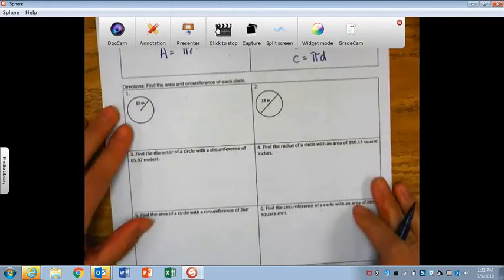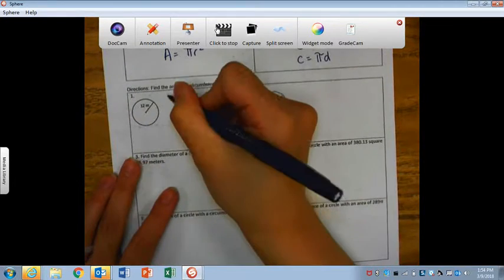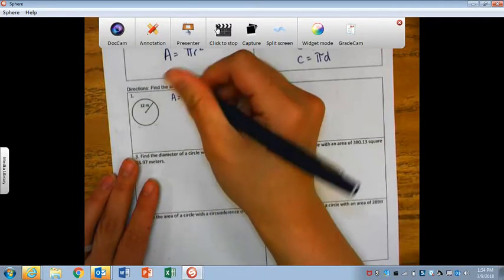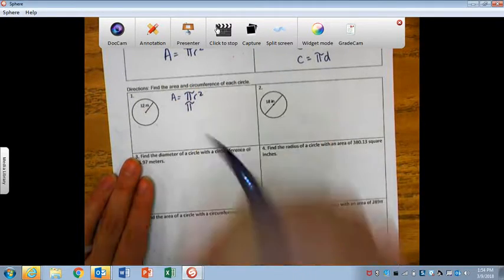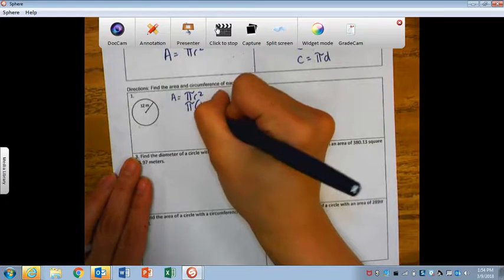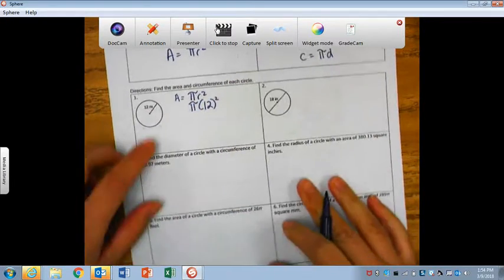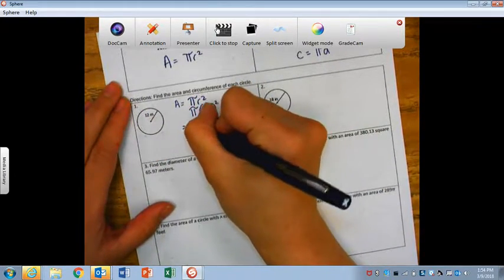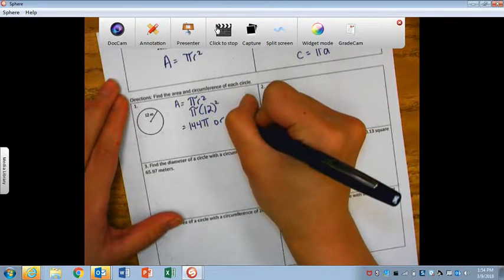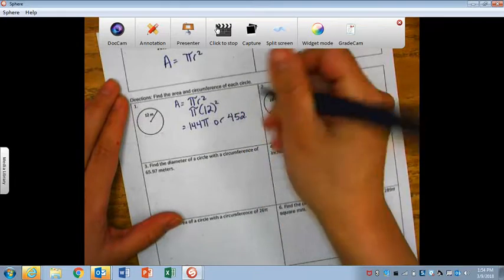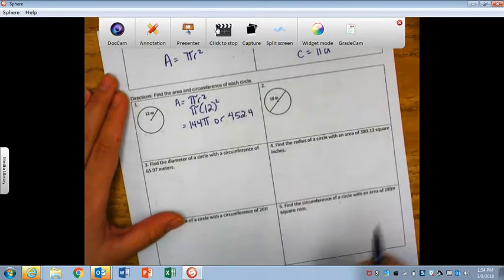Let's do this first one. Area equals pi r squared. So pi, the radius is 12 squared. They're going to either ask for it in terms of pi, which is 144 pi, or in terms of decimals. You could do the ugly version, 452.4.